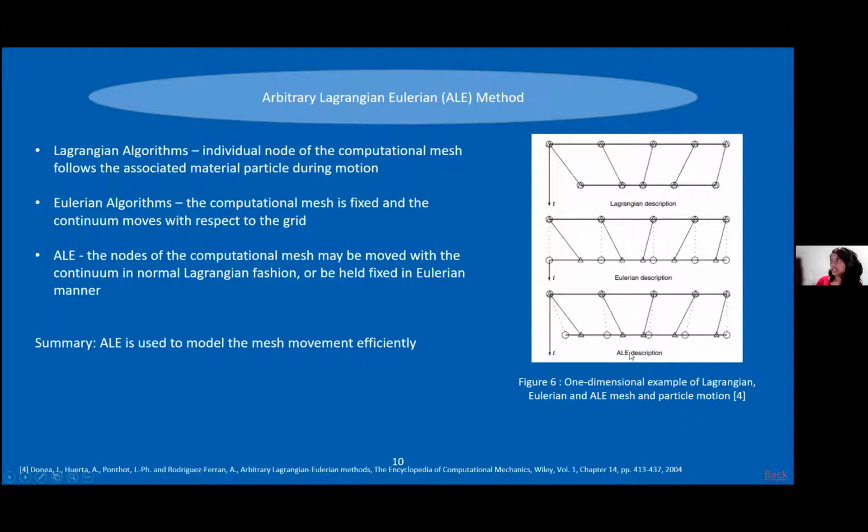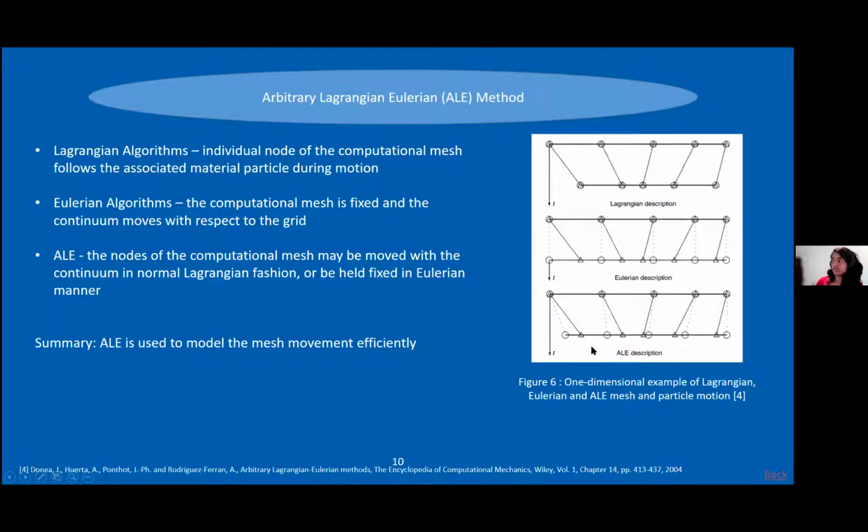Why do we need ALE approach? It's mainly because of the drawbacks of Lagrangian and Eulerian. For Lagrangian, as you can see here, this element, which is a 1D element, as the particle keeps coming closer, the element gets skewed. So it can't handle larger deformations. When it comes to Eulerian algorithms, they fail to track the interface properly.